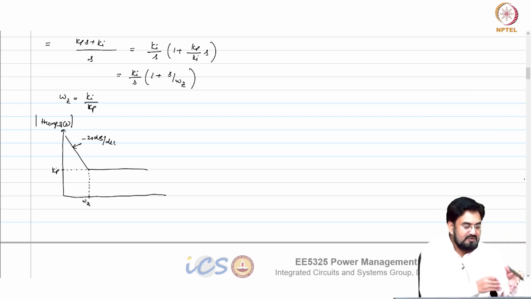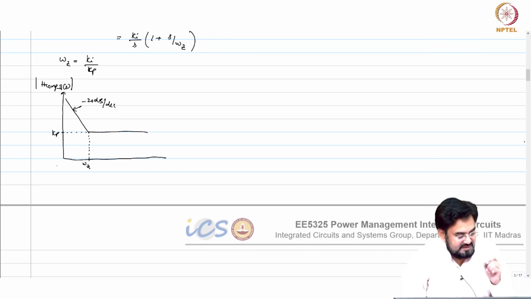So with the 0 at a lower frequency, this Kp will keep shifting up. As you keep increasing the 0 frequency, this gain will reduce. So now you can adjust the gain by simply moving that 0 or moving your proportional term, that is it.